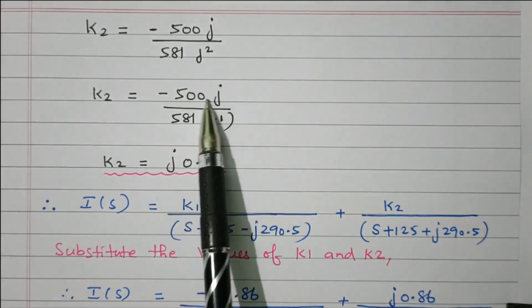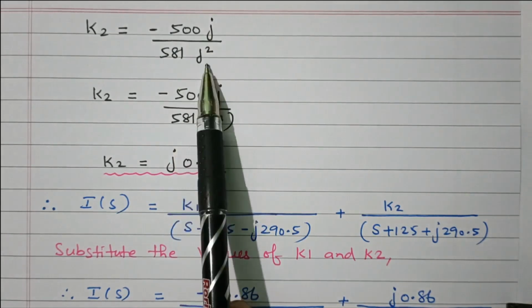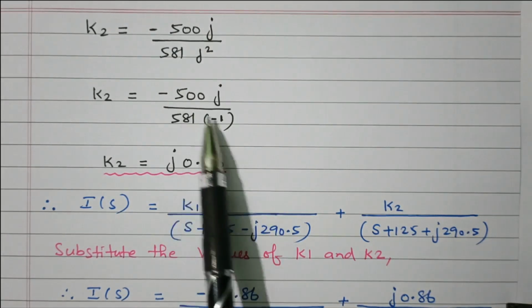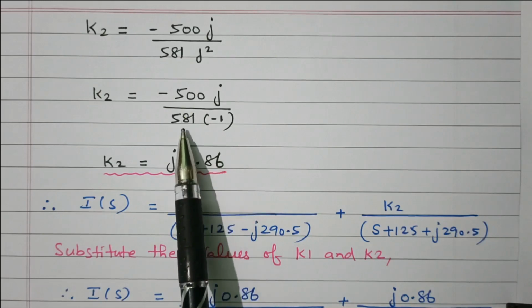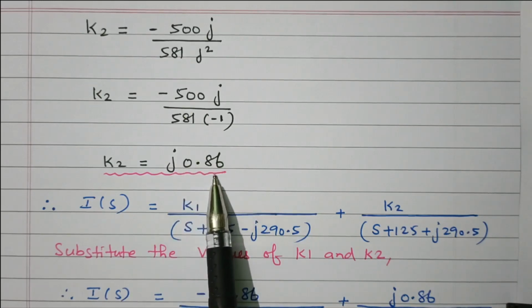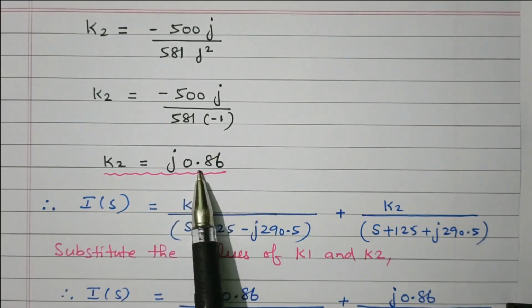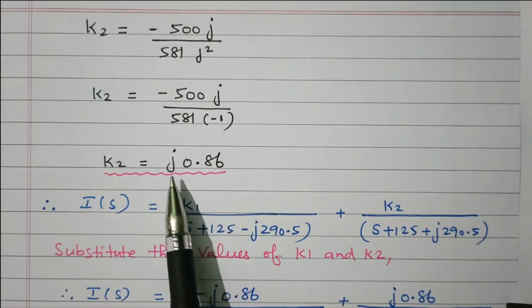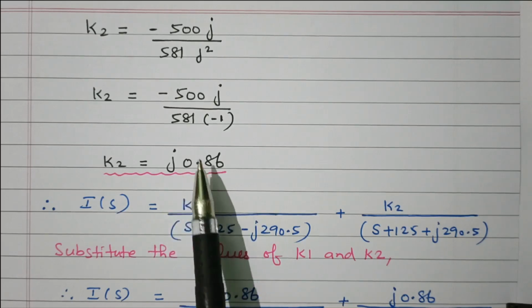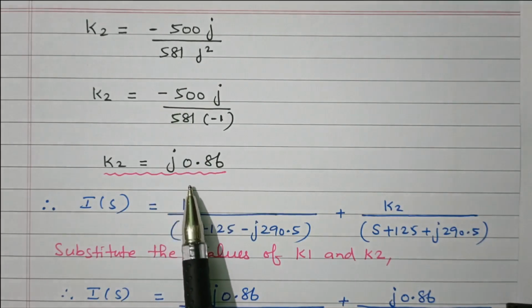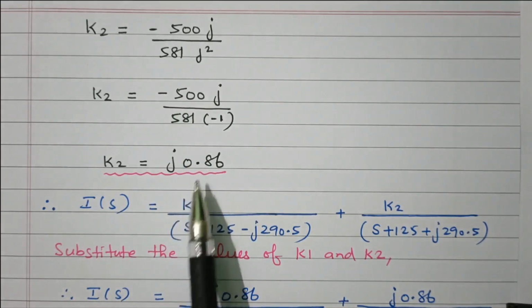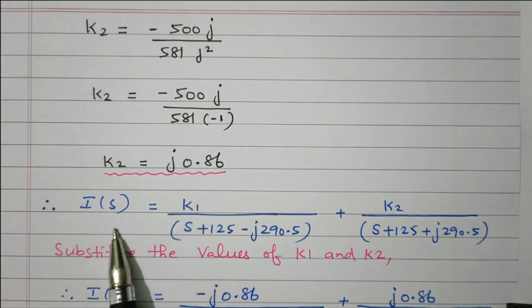So minus 500 J over 581 J square, where J square is minus 1, so minus minus got cancelled. 500 divided by 581 is 0.86. Similar to the previous case, only here the negative is there. Now here also the negative is removed. J 0.86. K1 is minus J 0.86. Here already one minus is there, so it becomes plus J 0.86. So we can substitute this value.